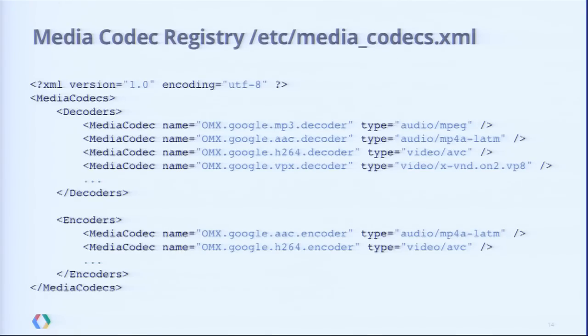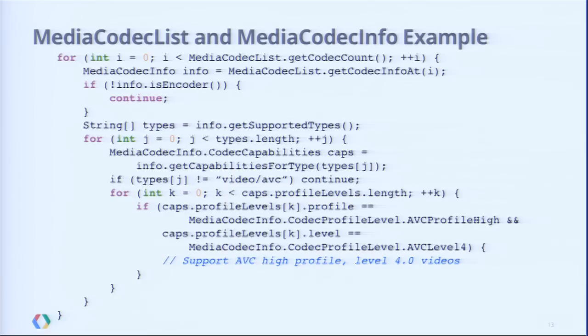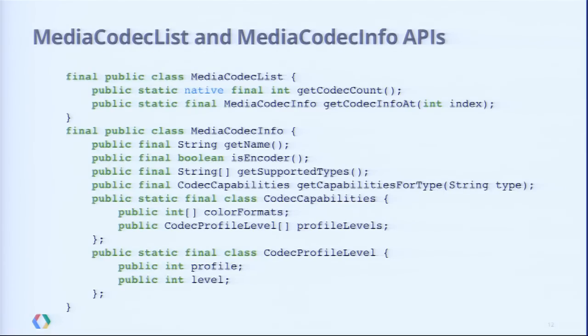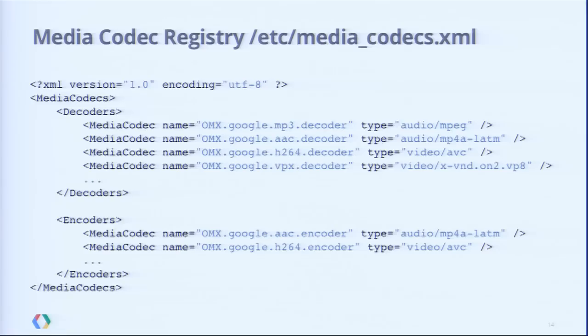This name will tell you the media codec name that you get from the media codec info class. That's the get name method. It will return the name attribute of the media codec.